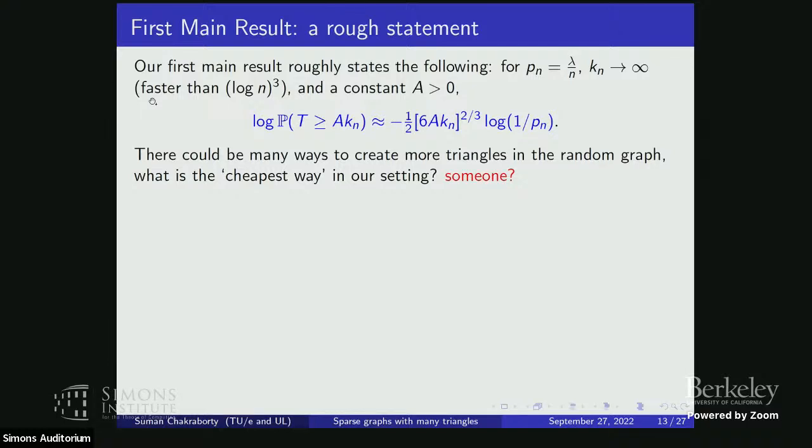By looking at it, does anyone want to guess what would be the cheapest way to construct this many triangles in the random graph? The question is for those who don't already know the answer.